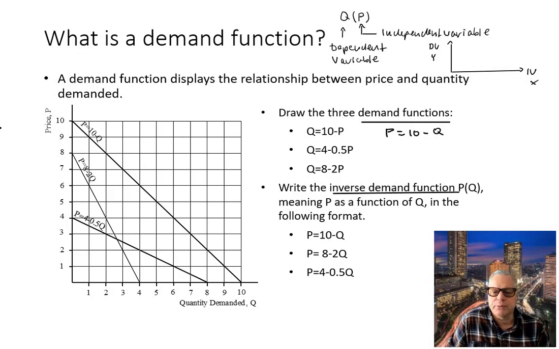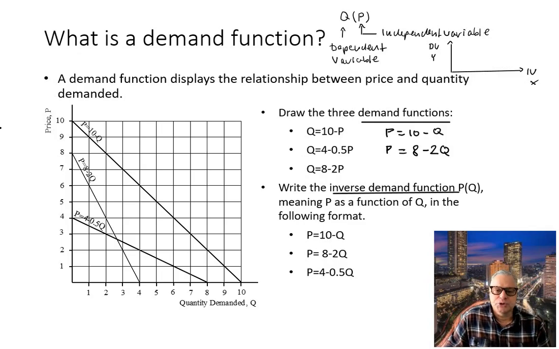If you rearrange this mathematically, you also get P equals 8 minus 2Q. But again, if you tilt your head and look at Q equals 4 minus 0.5 P, you can see here's the intercept, and that has a slope of 1/2. So whenever you go this direction, you go half here.